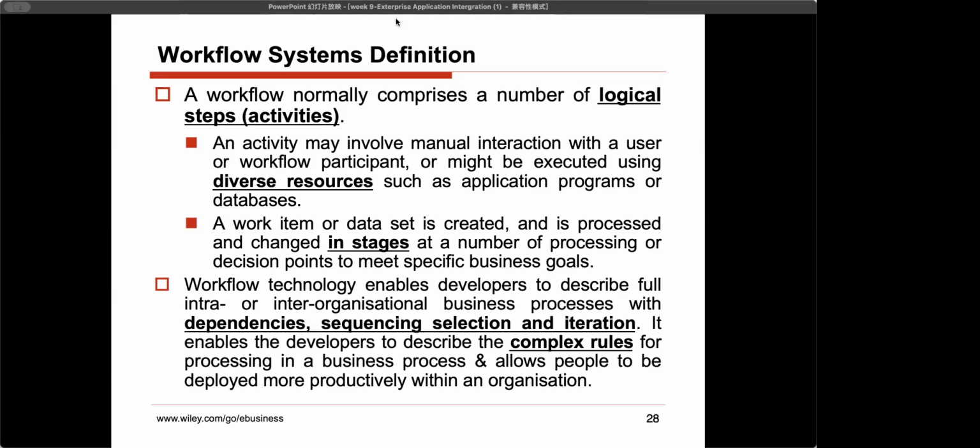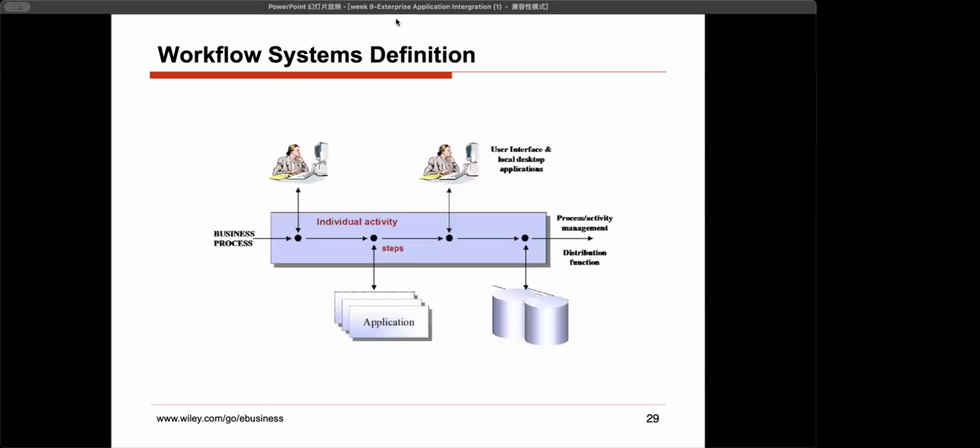Workflow technology enables developers to describe full intra or inter-organizational business processes with dependencies, sequencing, selection, iteration. It enables developers to describe the complex rules for processing in a business process, allowing people to be more productive within an organization.